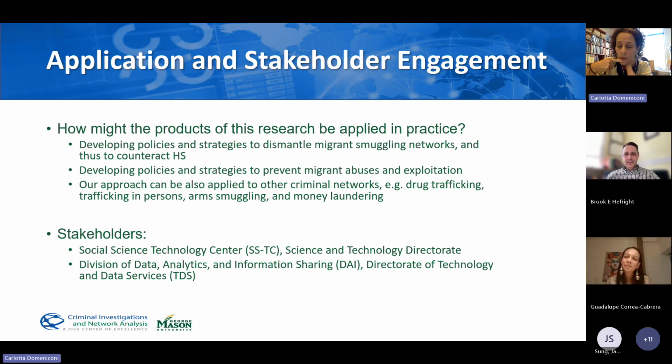Although we are using publicly available data, so that's not even an issue, everything will be run locally on servers at George Mason. So right now we are using Llama 3 as the underlying LLM for GraphRAG.